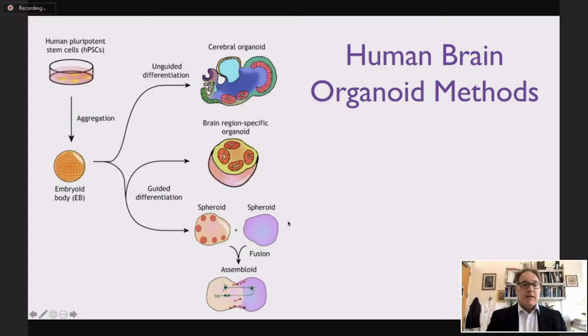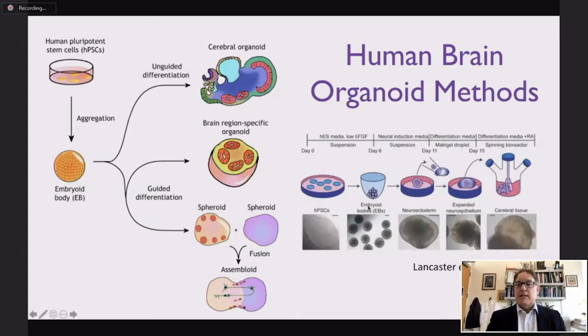One exciting approach is to make what's called assembloids. You guide the differentiation of different brain regions and then you fuse them together to connect them, for example, making cortex and thalamus, and then you can study both regions as they connect together, corticothalamic and thalamocortical activity in the organoids.